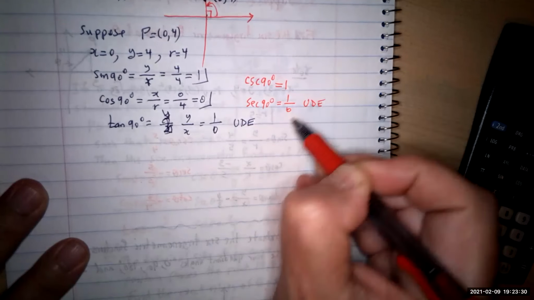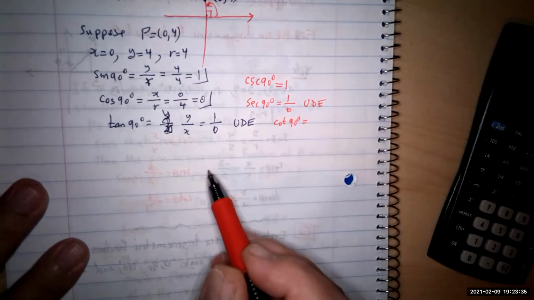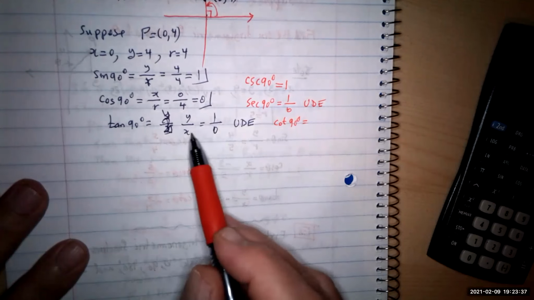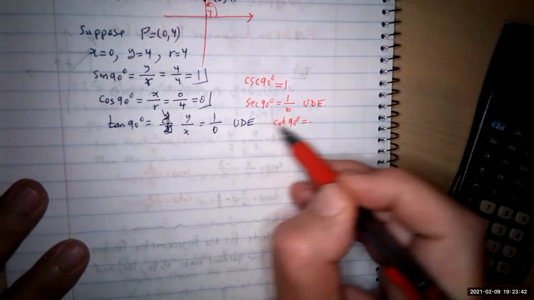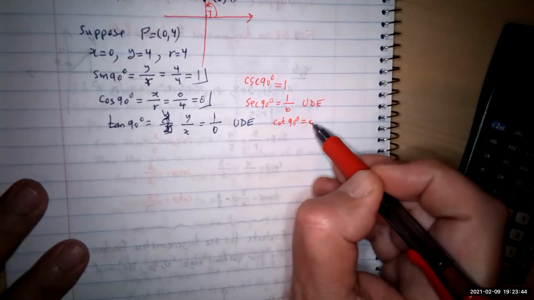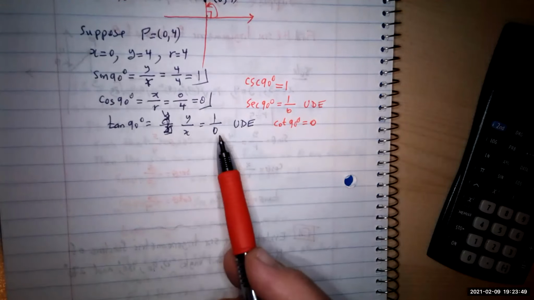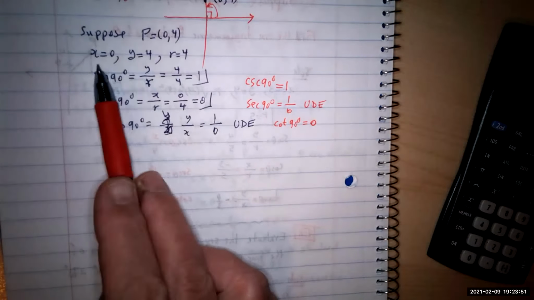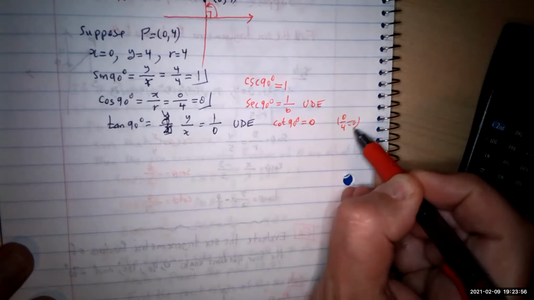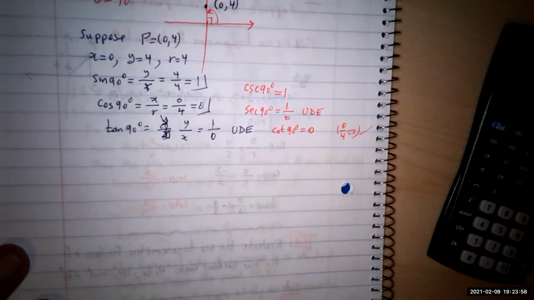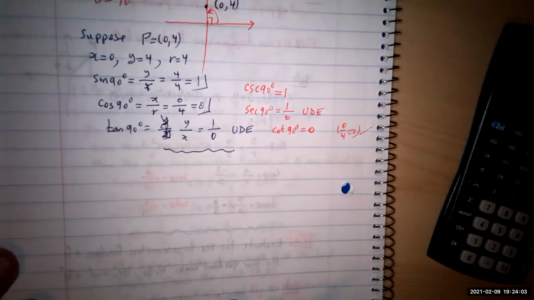But the cotangent of the 90 degrees is going to be 0, because it's the reciprocal of the tangent. The cotangent is X over Y, 0 over 4, which is equal to 0. So this is the way we are going to give you the 90 degrees.